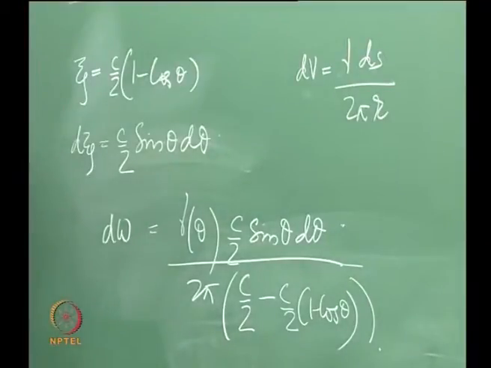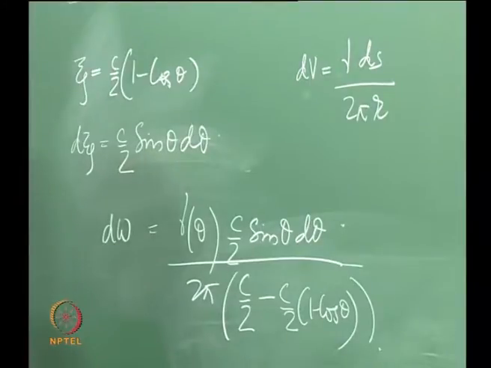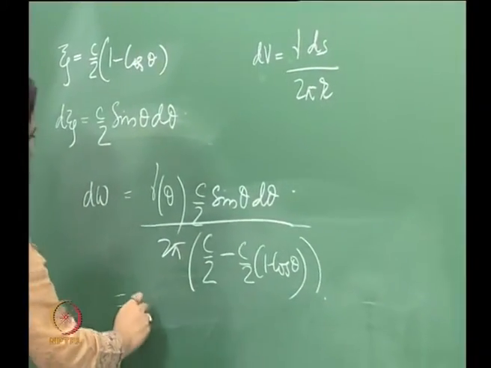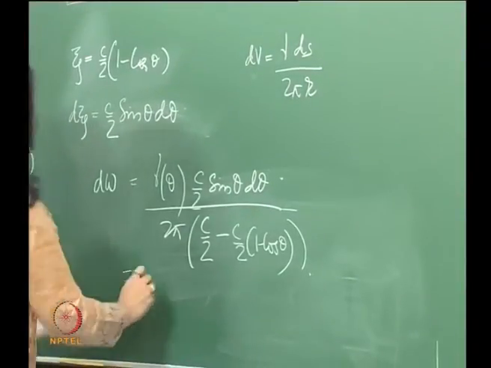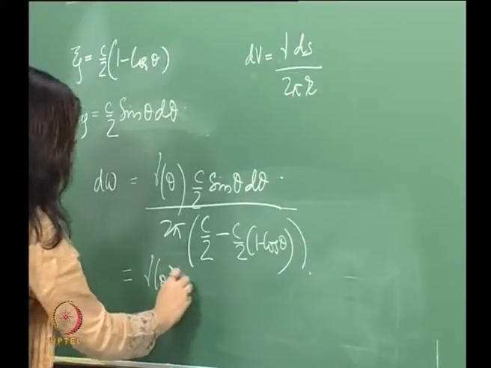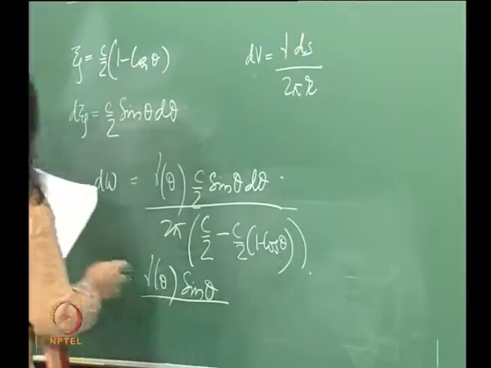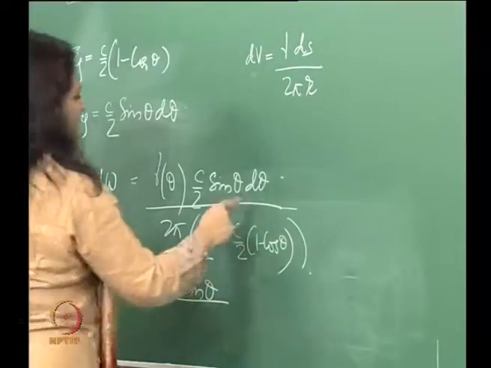So this is for the total derivative. This comes out to be, let us do this here. So c by 2, this would go, right. What we essentially would get over here is gamma theta sine theta, and this d theta.